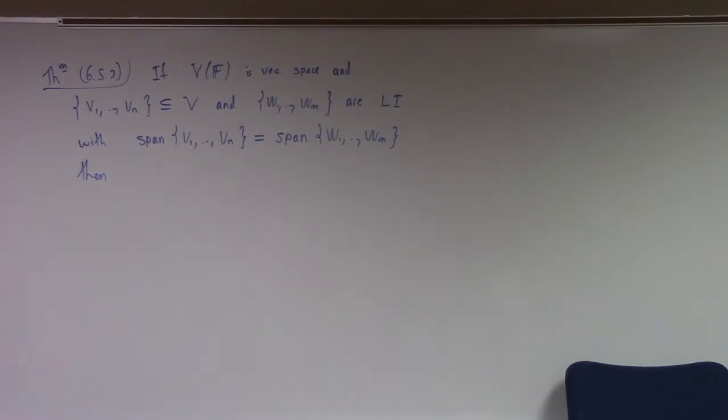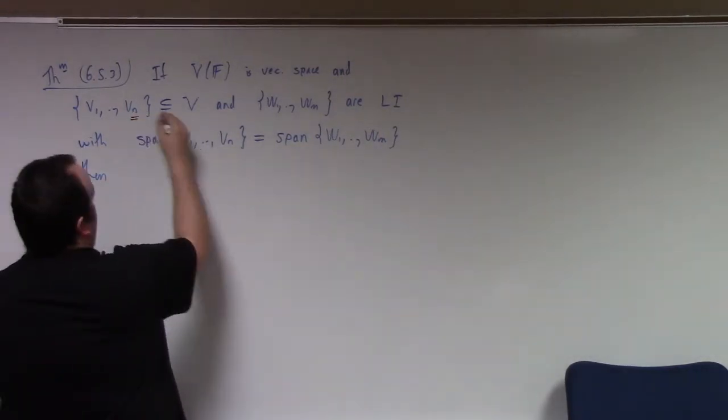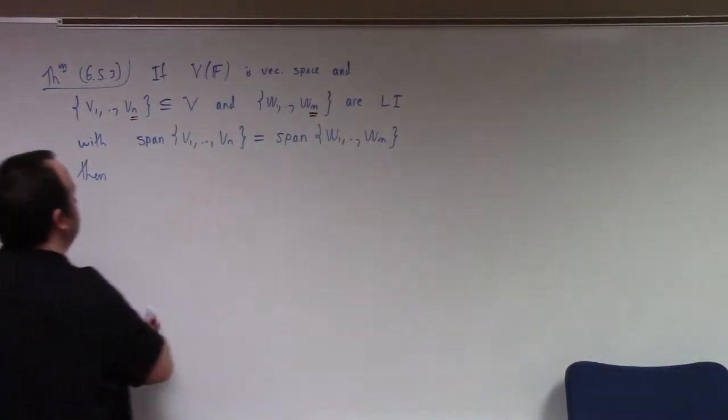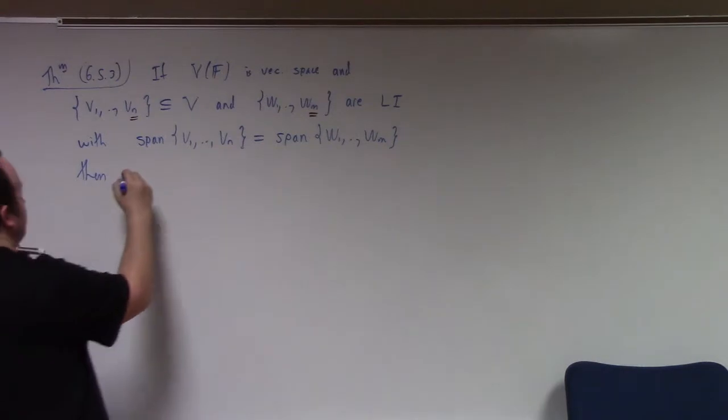They're both linearly independent. They both reach the same spanning set. They both cover the same sort of line or plane or volume, whatever. What should we be able to say? How should m and n relate? Yeah, they should be equal. And that's the theorem.